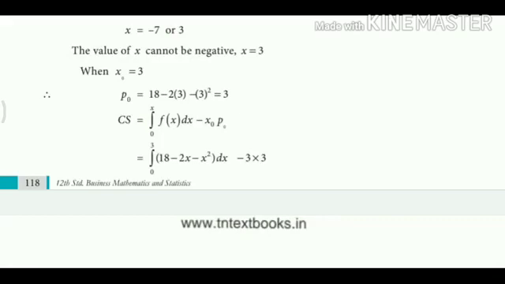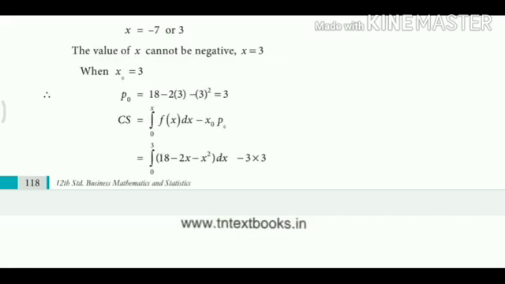Now we find the consumer surplus and producer surplus using this given P naught and x naught. So CS equals the integration from 0 to x naught of f of x dx minus x naught P naught. Here the value of x naught equals 3.